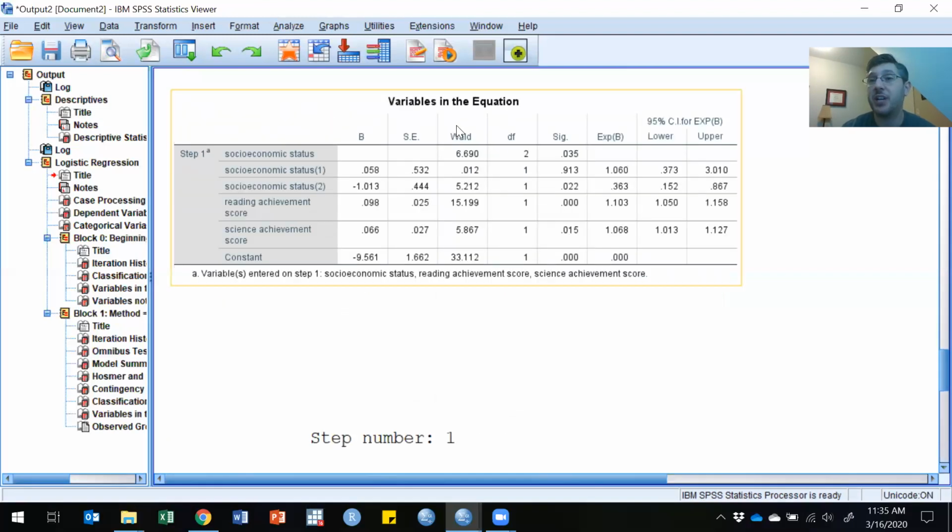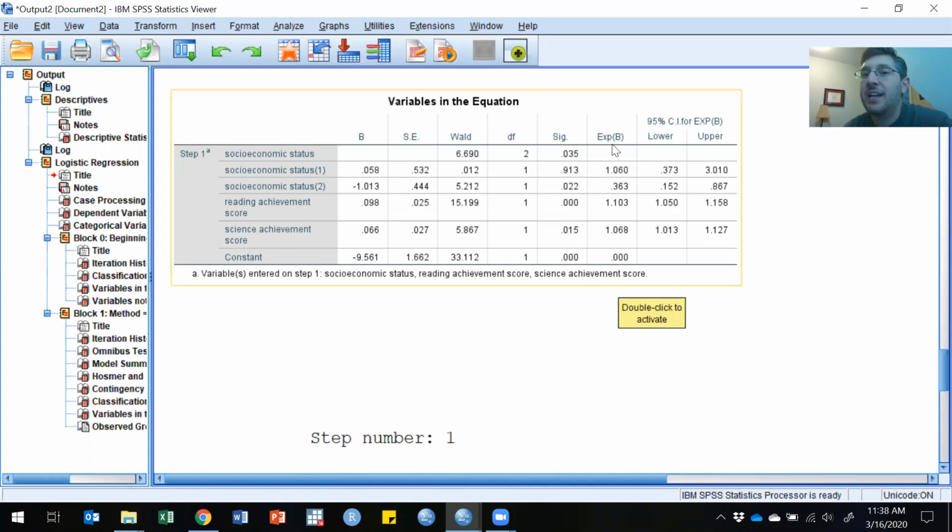This is your coefficients table. You can see we have our unstandardized coefficient, standard error. Our Wald test is sort of like the t-test in OLS regression. Then Sig here is again our p-values.